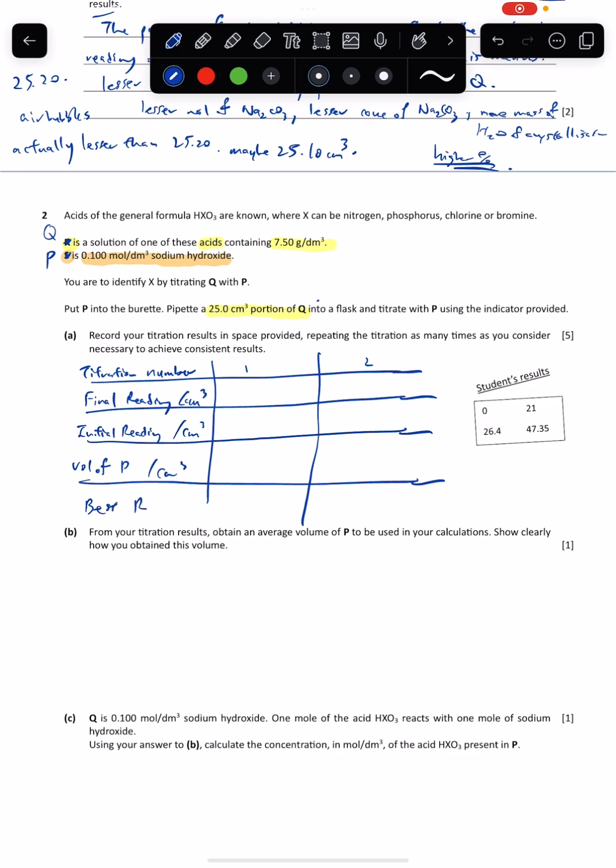So just by writing this table out, memorize this one mark. Make sure all your readings are 2 dp. That's another mark.